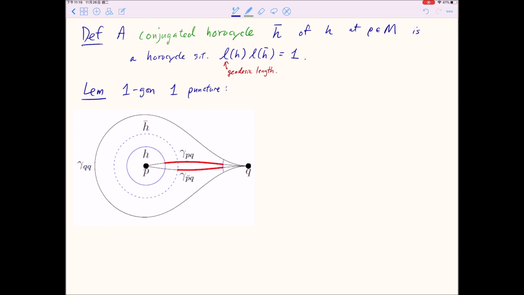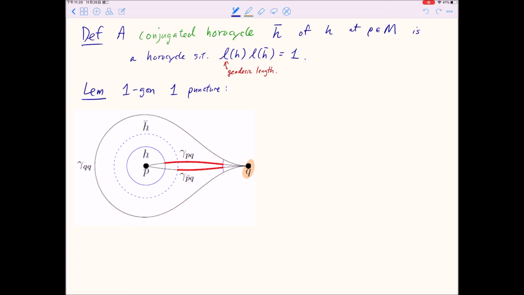If you have a horocycle H, then you also consider the conjugated horocycle, and you have another point Q with another horocycle truncating the arc at Q. Then for the distance between P and Q, you now have two versions depending on which horocycle you choose. So it is denoted by p or p bar, and q is this length here, the length cut out by the horocycle.